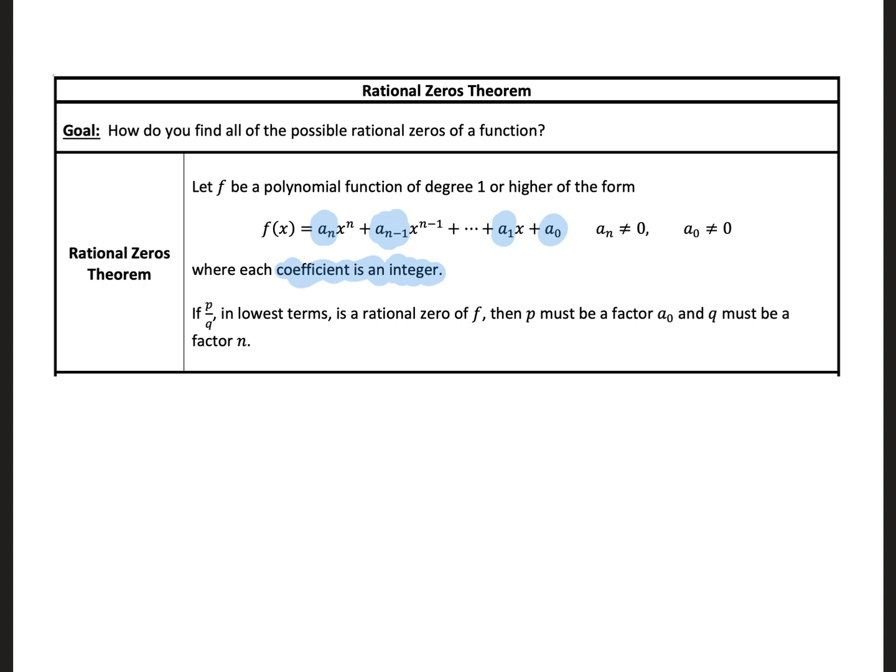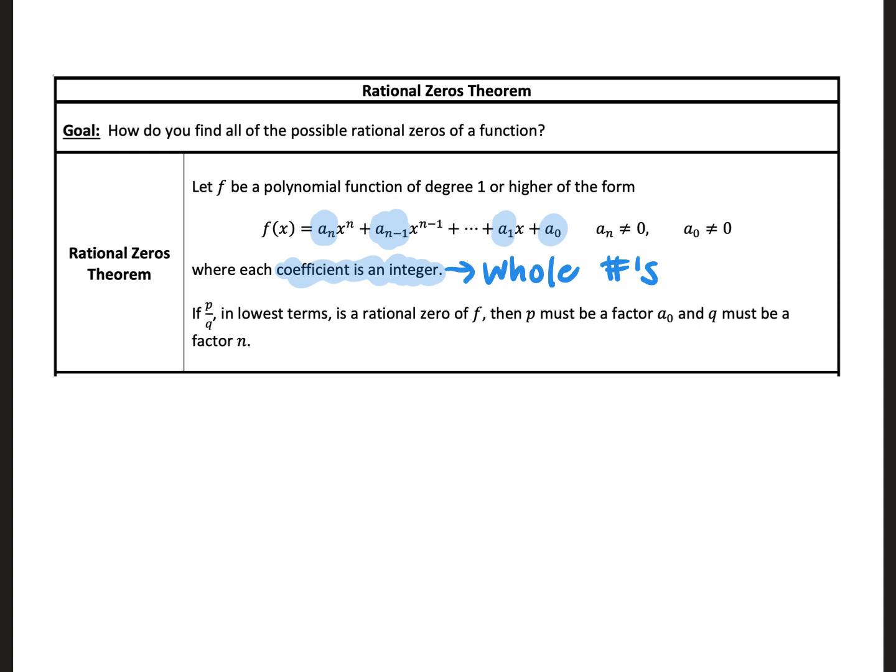For them to be integers, they each need to be whole numbers. So if any of those highlighted parts of my function are decimals or fractions, we can't apply this theorem. We need them to be nice whole numbers or integers in order to actually apply our theorem. Once we've checked that, we are good to go.